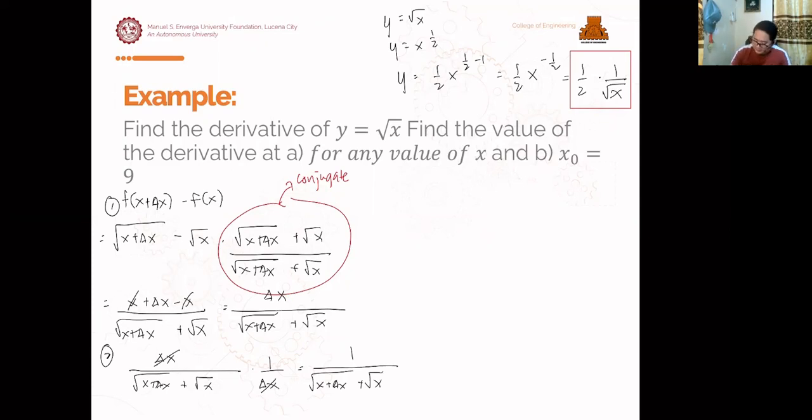Okay? Sir, but hindi po natin pagsamahin din yung x, delta x, tsaka square root of x? Itong nasa denominator. Opo, yung nasa baba. Kasi po pinagsama niyo yung nasa taas sa yung numerator? Hindi, iba siya ng condition dito sa taas. Yung nasa taas, hindi siya actually pinagsama, pinag-multiply siya. So, yung square root natin will be eliminated. So, ito magiging x, pag-multiply nito, magiging x plus delta x.